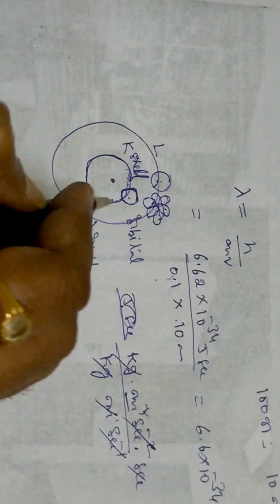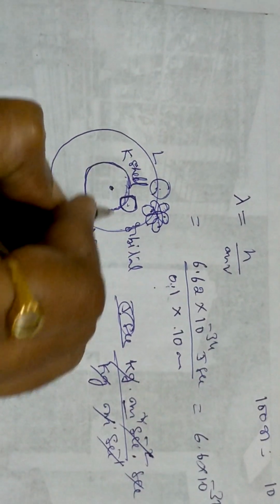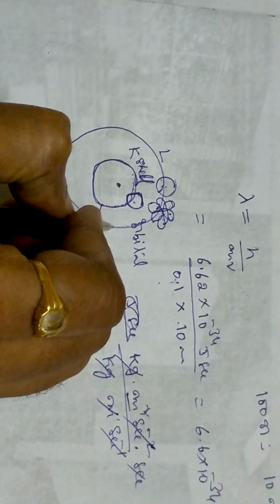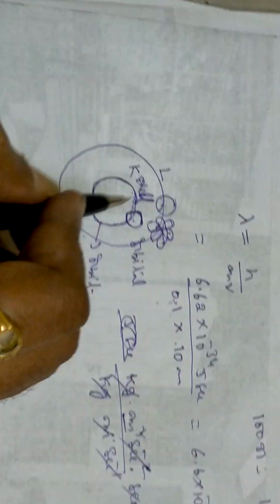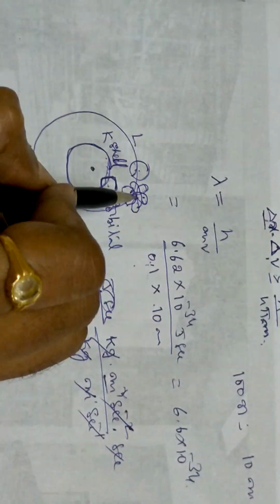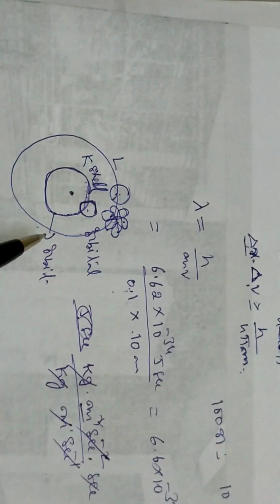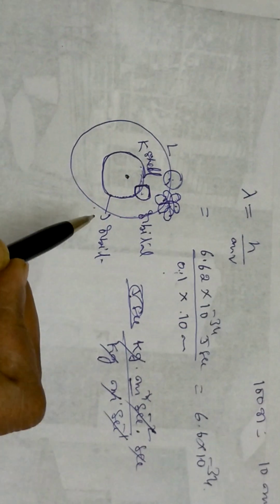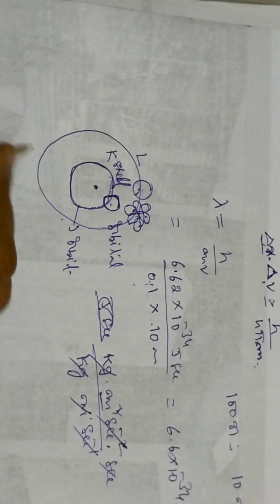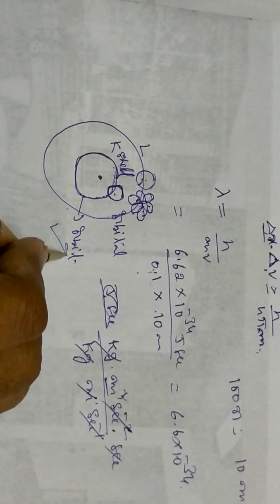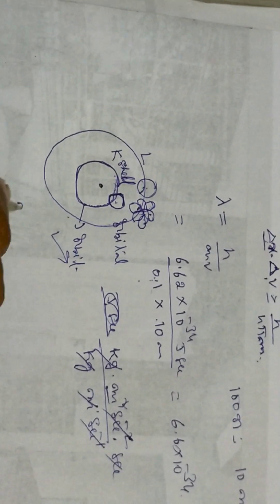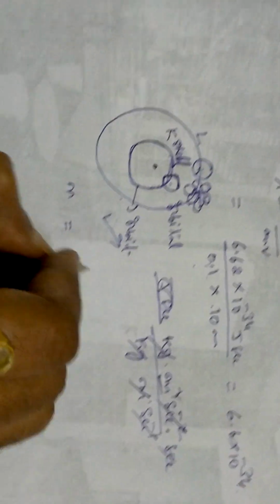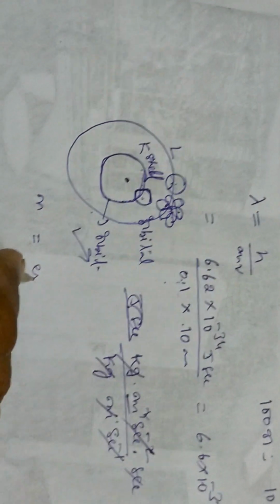Whereas orbit means a circular path at an approximate distance, not exact, because it is a probability. So in the subshells, p has 3 orbitals, d has 5, and f has 7. Listen more carefully, because most of the time they ask questions on this. The principal quantum number gives the radius and energy.